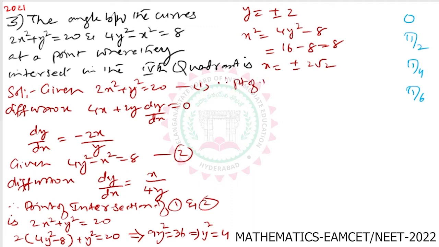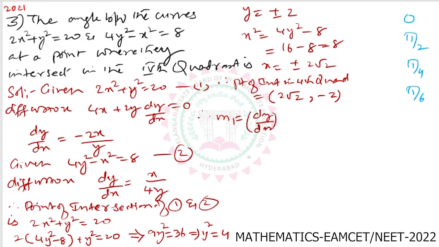Therefore, point of intersection in fourth quadrant is equal to 2 root 2 comma minus 2. Right? At this point, I have to find the slope of both the curve. Now, already I have differentiated equation 1 and 2. I am ready with the slope dy by dx. Therefore, if I get to this point, m1 is equal to dy by dx.